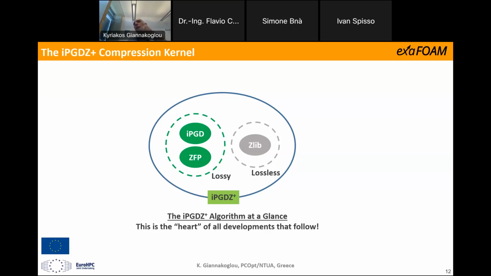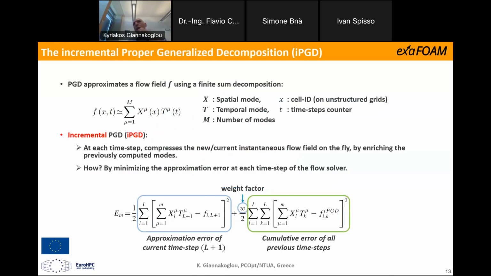ZFP pre-existed, IPGT has been developed by us. And the third one is zlib, which is a well-known, in computer science at least, lossless compression technique. Their combination, and you will see how this works in a bit, is practically the heart of all developments that follow.